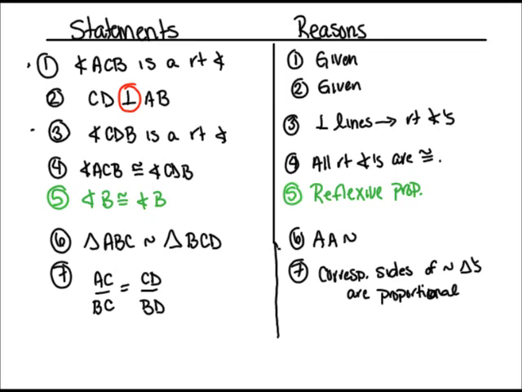Once I know which sides are proportional, I can then end this by cross multiplying and getting that prove step. AC times BD is equal to CD times BC once I cross multiply.